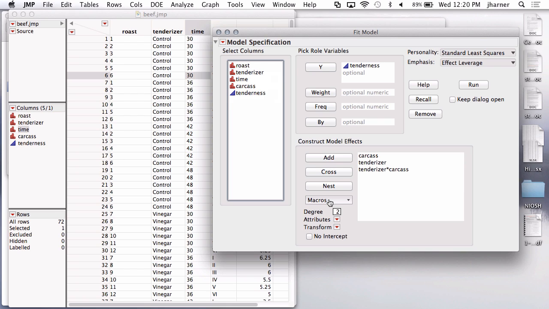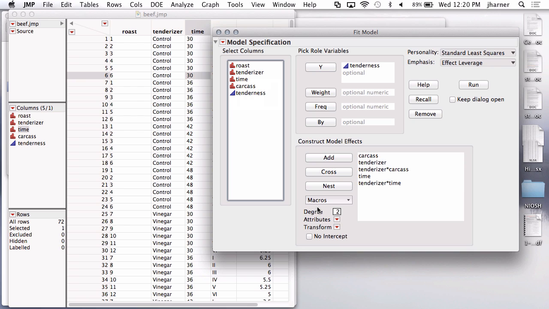So I have carcass by tenderizer, or tenderizer by carcass, it doesn't matter. And then I have time, and then I have tenderizer by time, so we'll select both of those and cross those. And that's all I'm going to do. The final term I'm just going to leave out, which means it will be the residual. Is that clear? So I just leave that out.